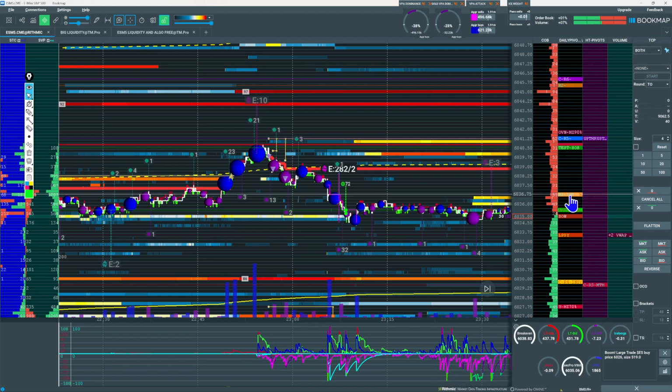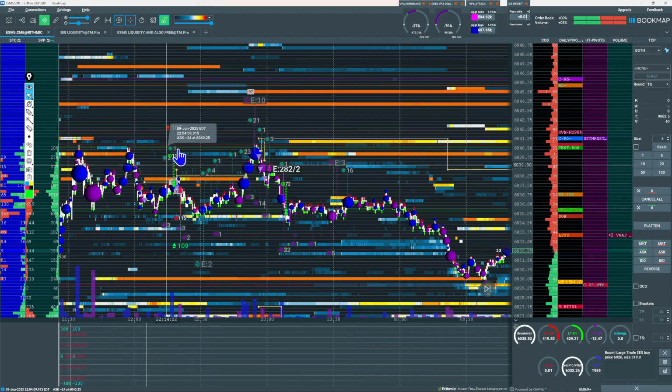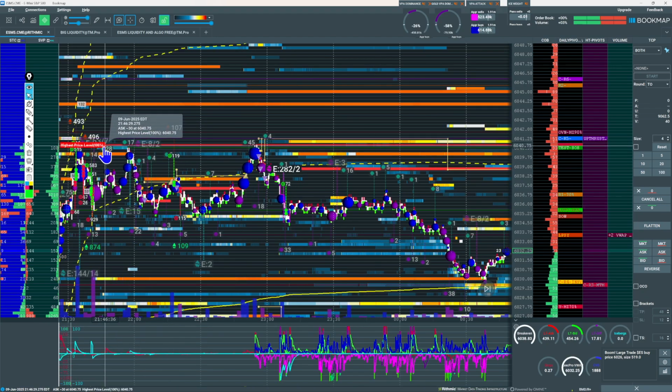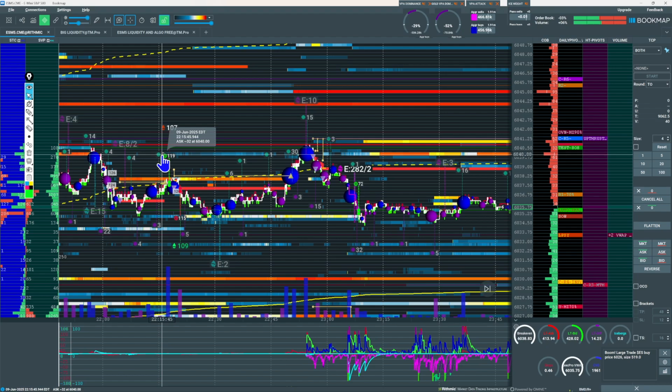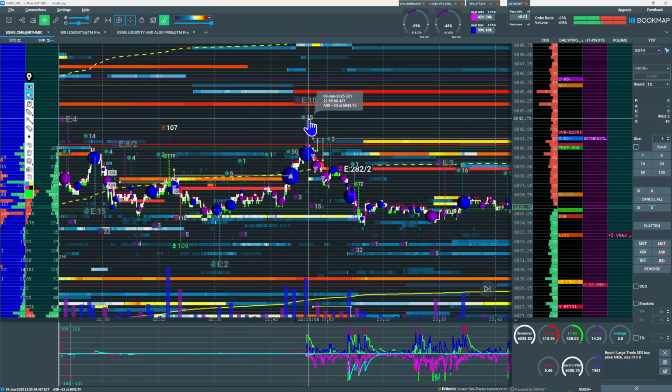So we have a stop run above the R1 pivot level, which all of this is basically a stop run above these levels. You see all the buy stops coming out, 28.17, 3 of them, 6.115.